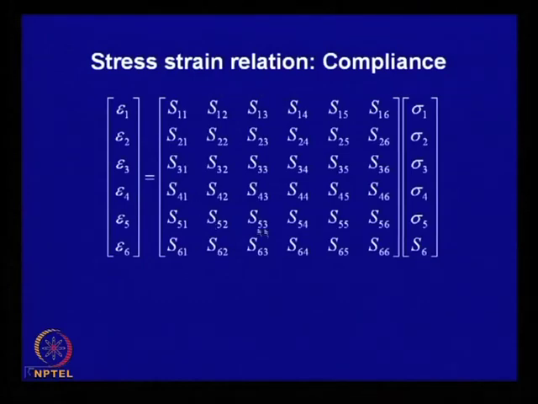In that case, the matrix is like this, S 1 1, S 1 2, and this is called the compliance matrix. So, you need a large number of elastic constants to describe the elastic state of stress in a material which does not have any symmetry element, that is, a triclinic crystal, you need 21 elastic constants.